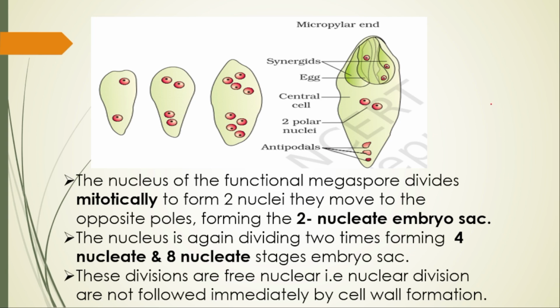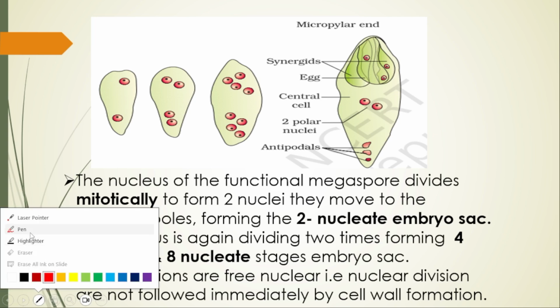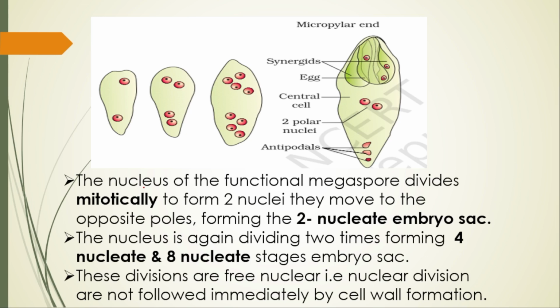Next, after the functional megaspore is formed, the nucleus of the functional megaspore divides mitotically to form 2 nuclei.